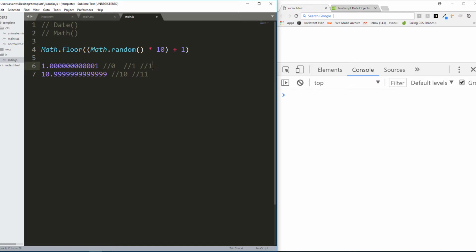I'm going to get 1. If I execute Math.floor on this number, I get 10. And that is the range that we're looking for. Math.floor on Math.random times 10 plus 1.